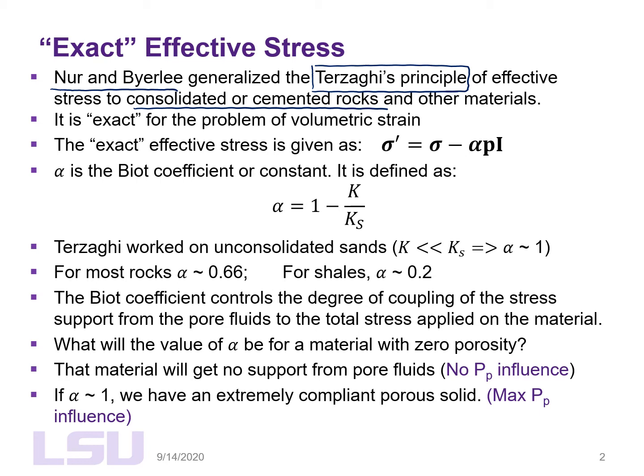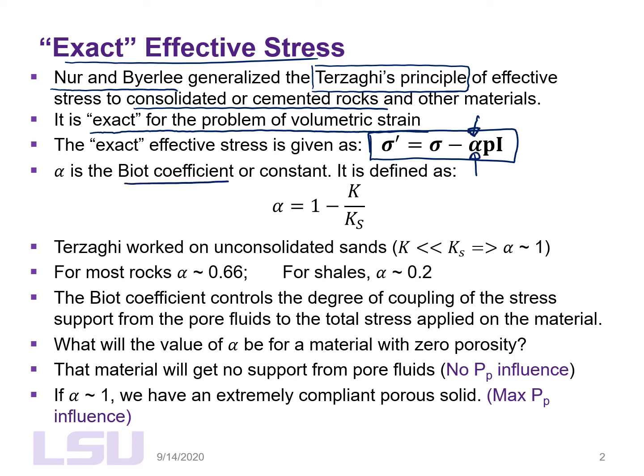And that improved or modified effective stress is actually exact for the problem of volumetric strain. And there are proofs on this which we are not going to get into. But the moral of the story is that this is the exact effective stress. And what's the modification? We only introduced one constant, which is called the Biot coefficient.